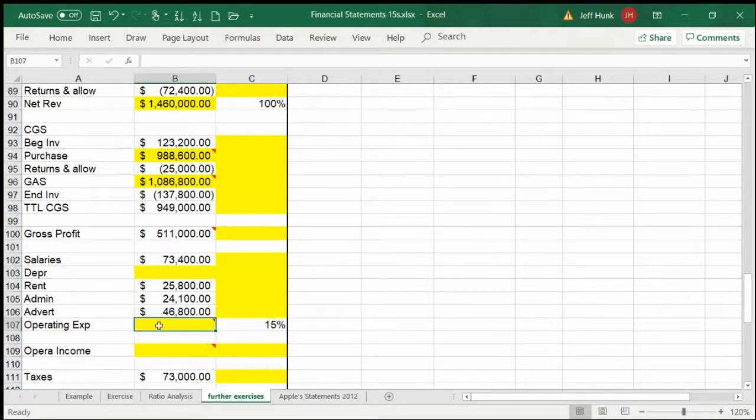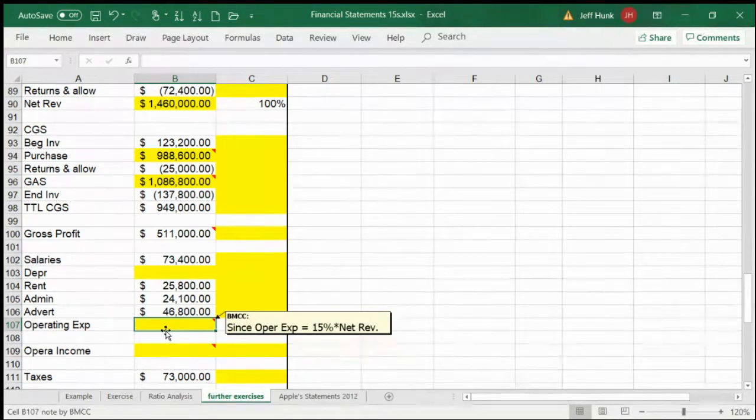But then what is the clue? How do we know what OPEX is? OPEX is 15% of 100%. 100% is what? Net revenue is always the base of the common size statement in income statement.